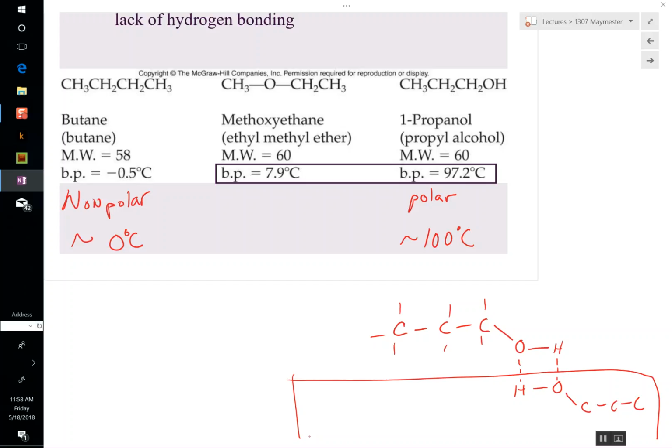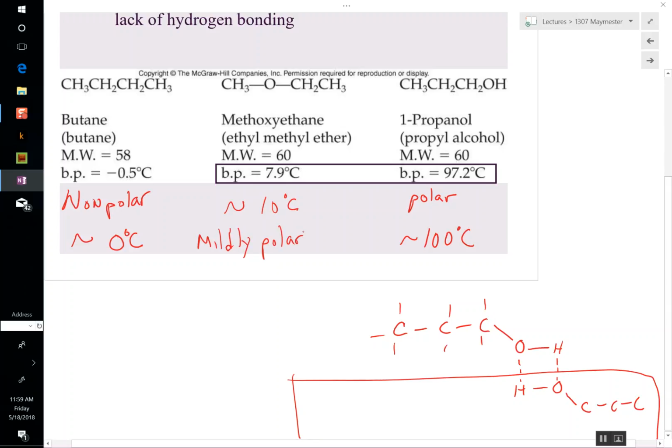Now, that's not butanol. Why? Because they're trying to get molecules that weigh about the same amount, about the same molecular weight. They should have somewhat similar boiling points, and they don't. That's a big difference. Now, here's your ether. Approximately 10 degrees centigrade. So only mildly polar.